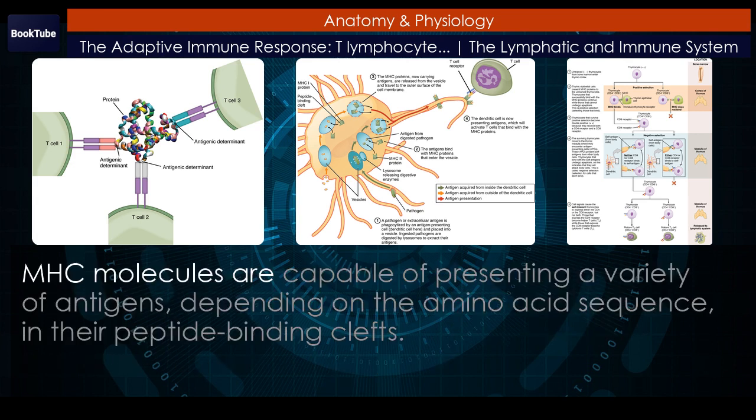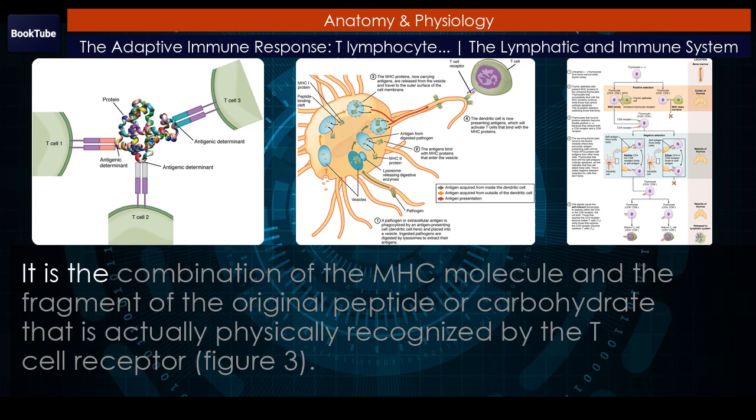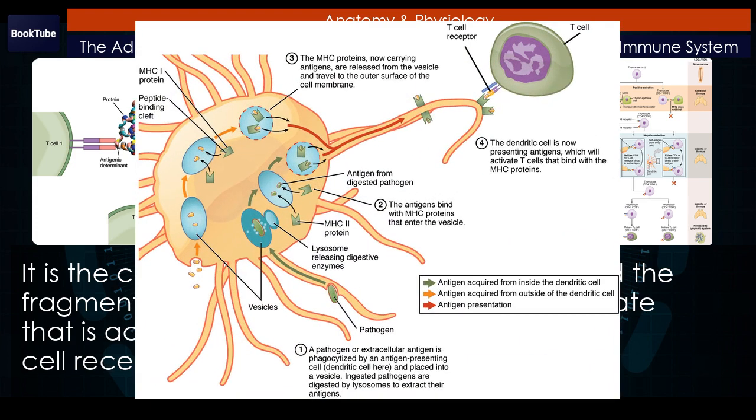MHC molecules are capable of presenting a variety of antigens, depending on the amino acid sequence in their peptide binding clefts. It is the combination of the MHC molecule and the fragment of the original peptide or carbohydrate that is actually physically recognized by the T cell receptor. Figure 3.